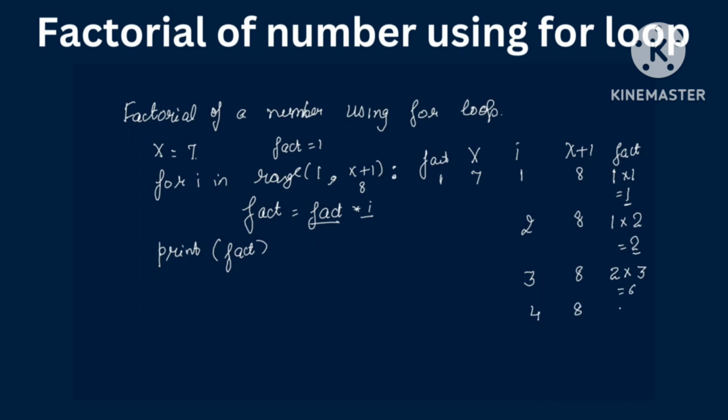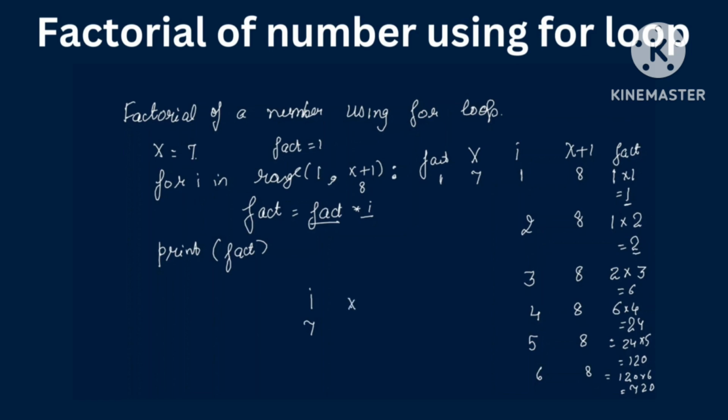i will be 4, x plus 1 will be 8. So 6 into 4, 24. Fact will become 24. Next i will be 5, x plus 1, 8. 24 multiply 5, 120. Next i will become 6, x plus 1 will become 8. 120 multiply by 6, fact into i, then the answer will be 720.